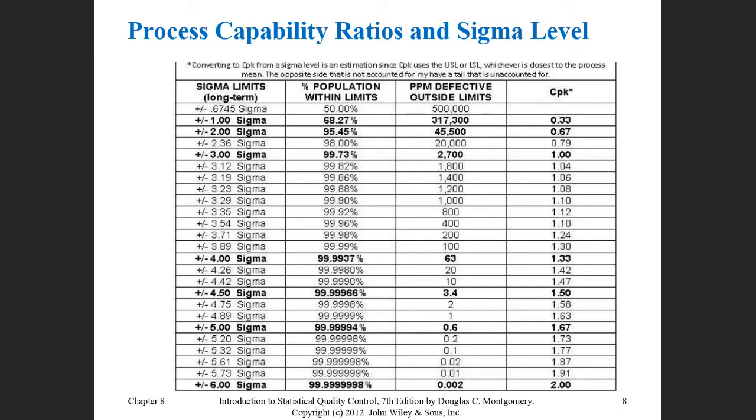There is a relation between the CPK value and the sigma level, as it shows here in the table. So this is one of the ways, in addition to the DPMO, to identify the sigma level. The 6 sigma level is considered to be when the CPK is 2, but at the same time you have to consider both the DPMO and the CPK.